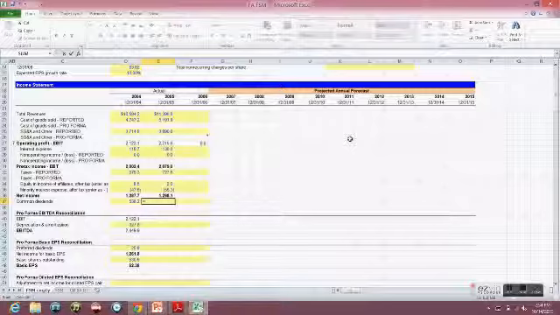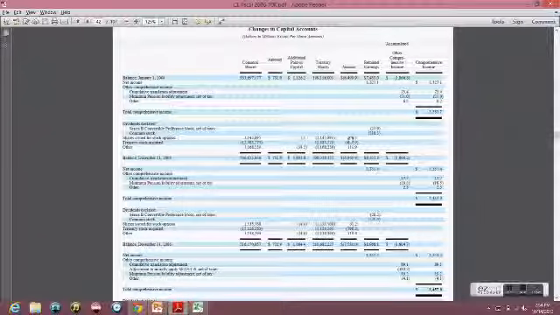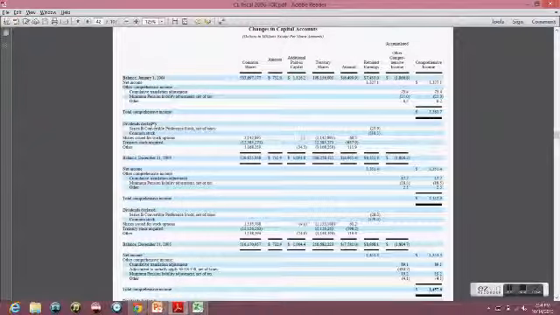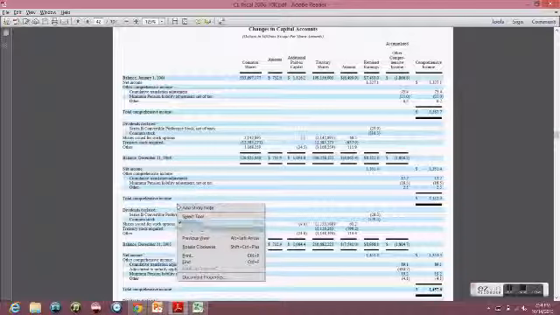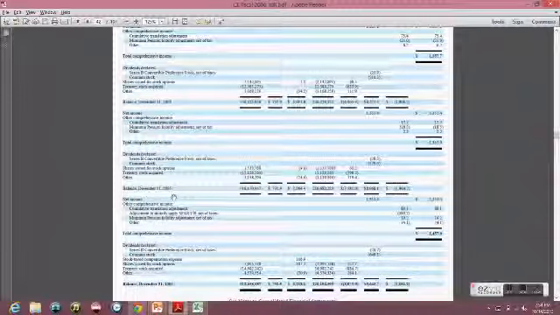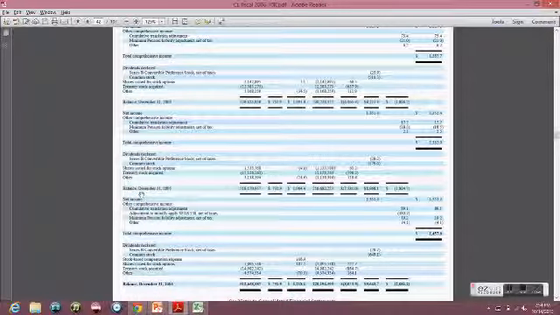Okay, so alright, let's do this. We're going to go to the Control Tab. Where's our common dividend? This is our 2004 segment, our beginning balance, our ending balance, not 2004, I'm sorry, 2005, which is over here. This is our 2005 information.